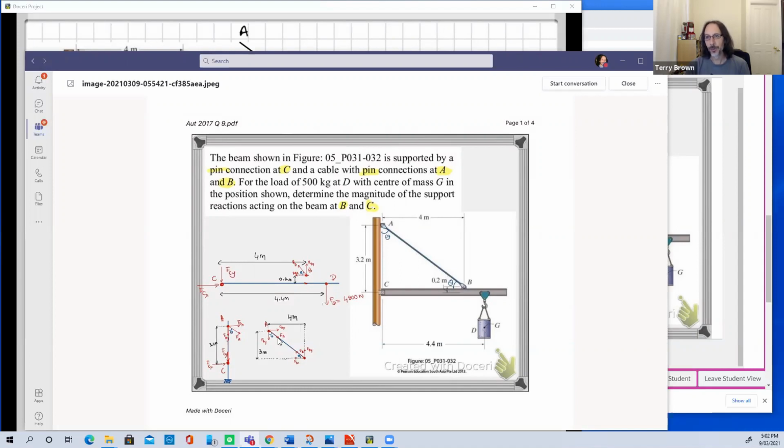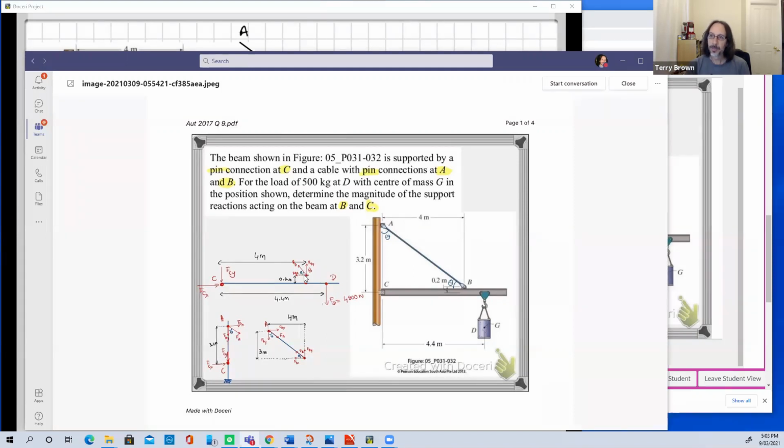When we draw the cable, we show what the beam is exerting on the cable. So the forces here and here must be equal and opposite, because they're an action-reaction pair. Newton's 3rd law: if you have an action, you've got an equal and opposite reaction.